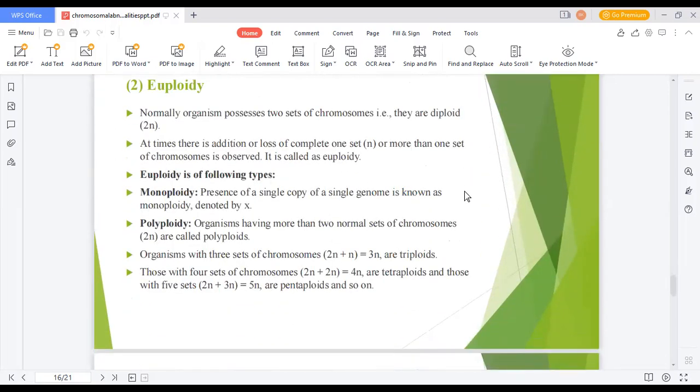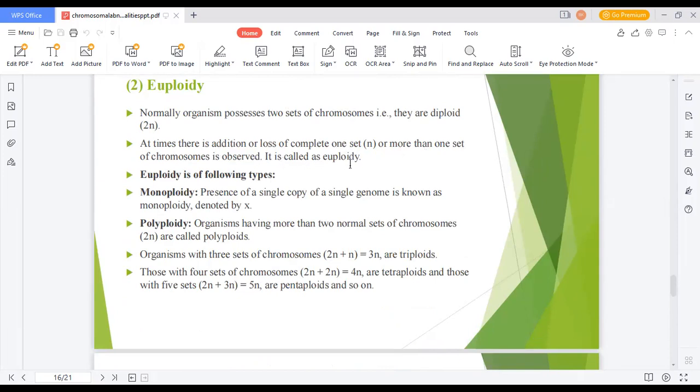So another one is euploidy. Euploidy means, you know very well, the change in the number of sets of chromosomes in an organism. Normally, every organism possesses only 2 sets of chromosomes. That is nothing but diploid number, 2n. But at times, there is an addition or loss of complete 1 set, more than 1 set of chromosomes is observed.